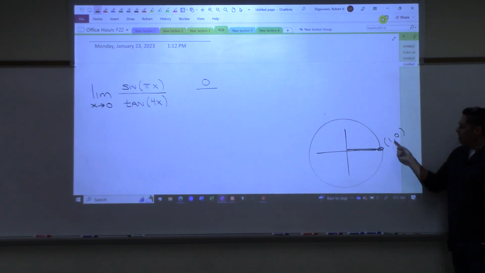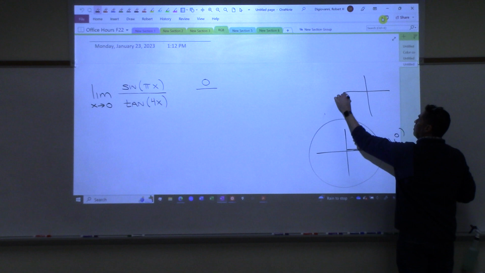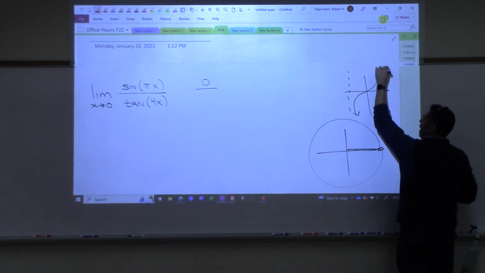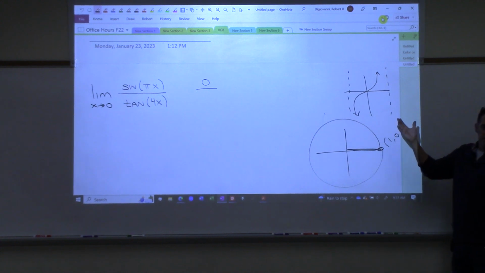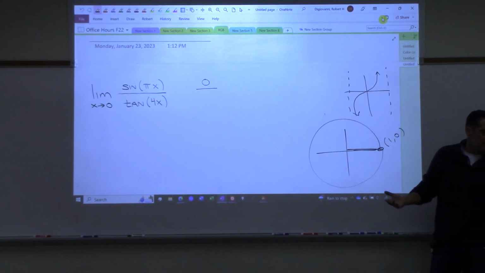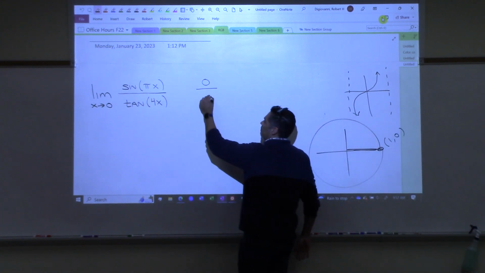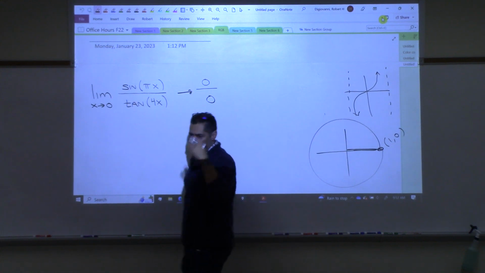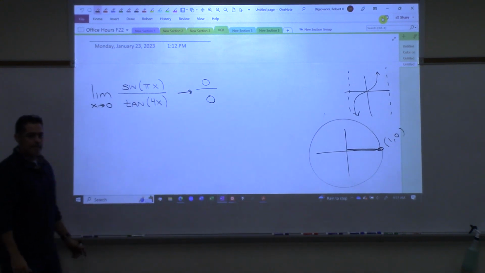So when you do 0 divided by 1, you get 0. That's one way you can look at it. The other way is if you know what tangent looks like from pre-cal. What's the value of this function at 0? 0. Okay, that's the other way you would know it. Either way, you are now past that class. You are in this class, so you need to know that that's 0 over 0.